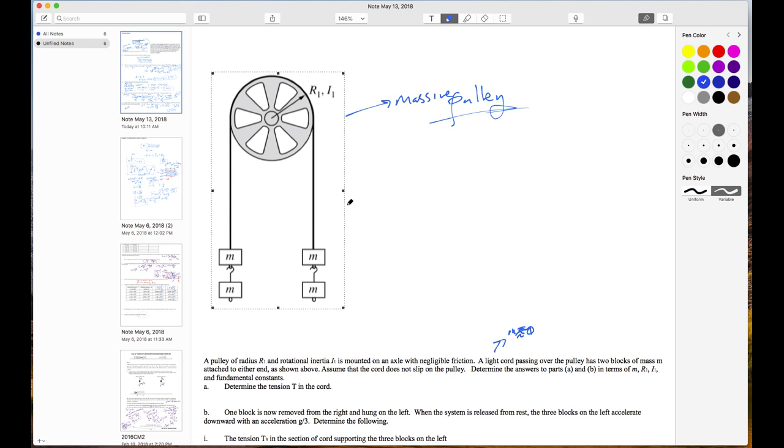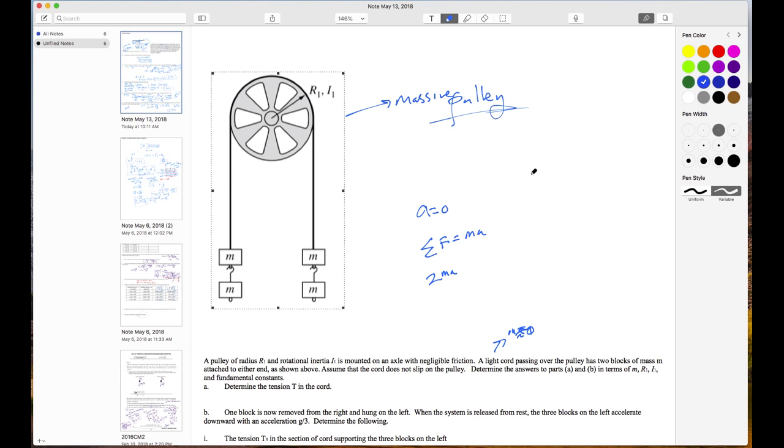Well, the only way to figure that out is to say, given this is just sort of hanging, that there is an acceleration of 0, that the sum of the forces is equal to ma, then what we can see is that we have on the left side 2 ma.